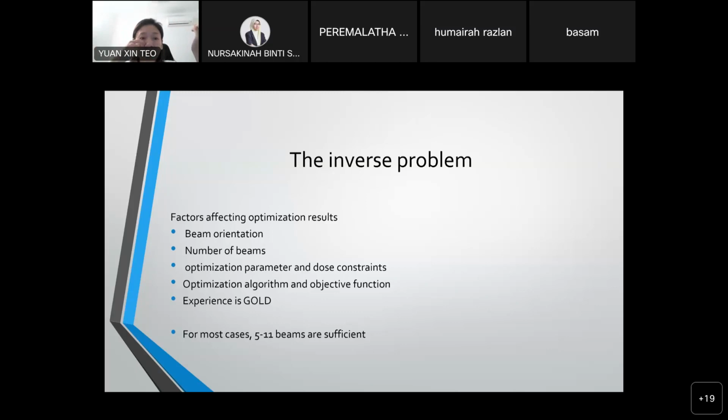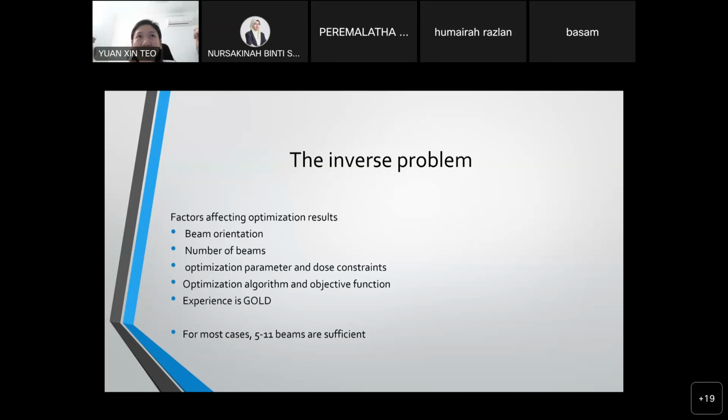The parameters and the dose constraints you put in also will affect your plan result. The calculating algorithm and the objective functions, which is what I mentioned as the cost function just now, will also affect your plan.